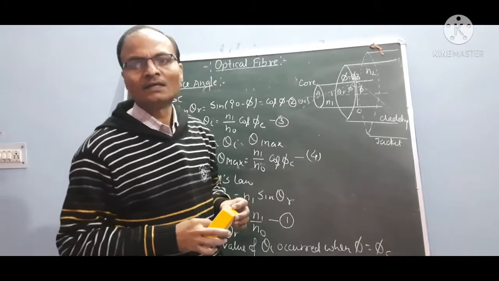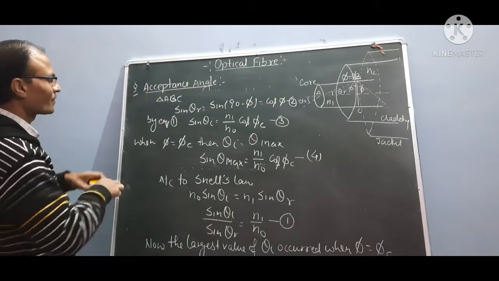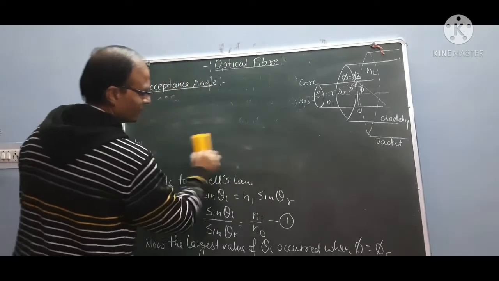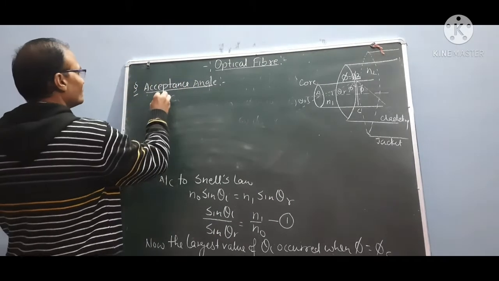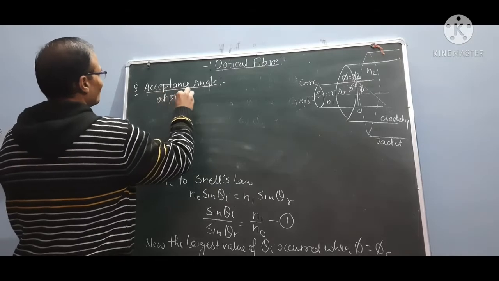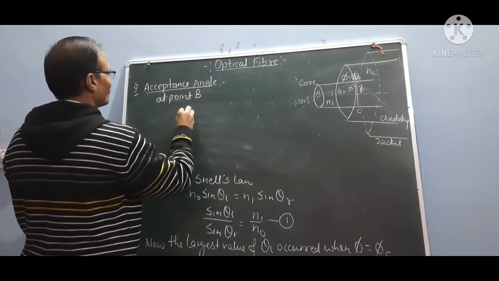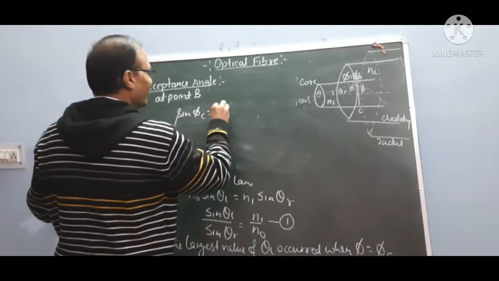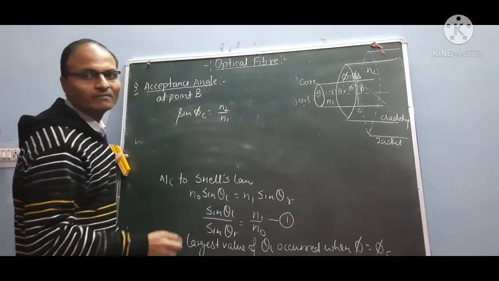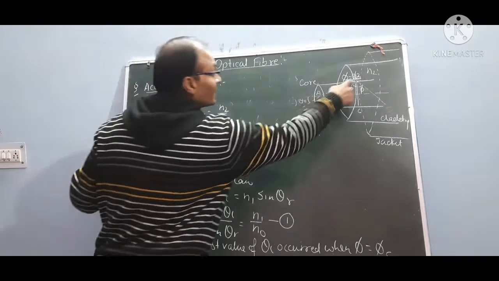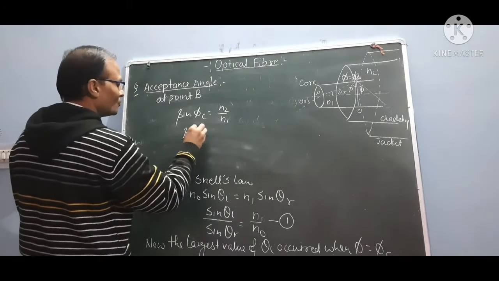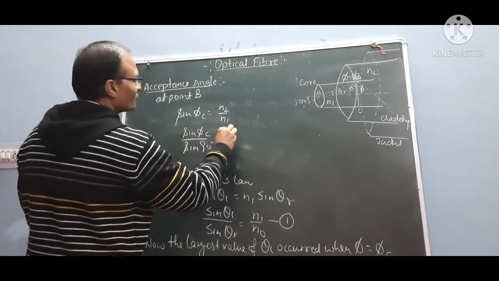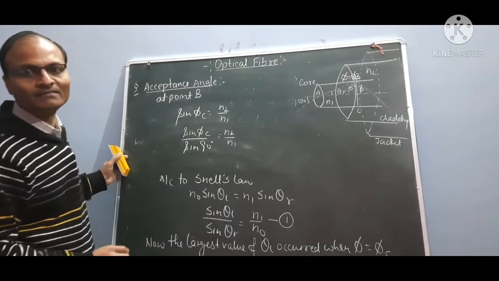So sin phi C at point B equals N2 upon N1. Then this is the right angle triangle. So sin phi C upon sin 90 degree equals N2 upon N1.